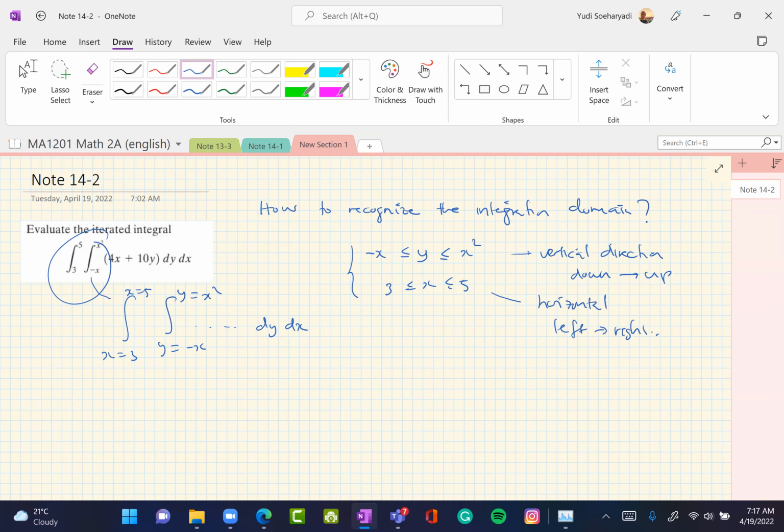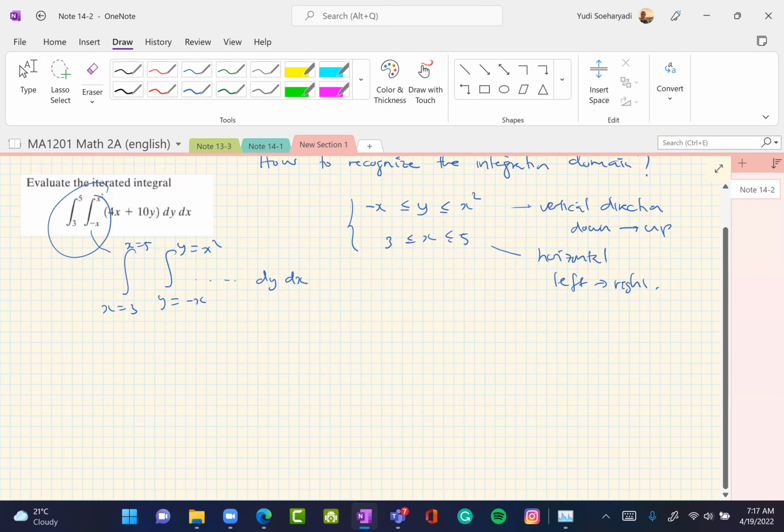Okay, so what you have from here is, first you get to recognize this area, and then plot the graph.